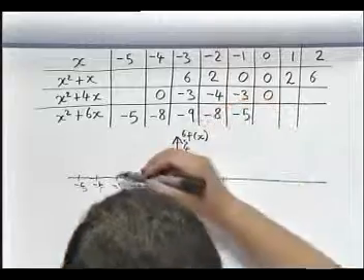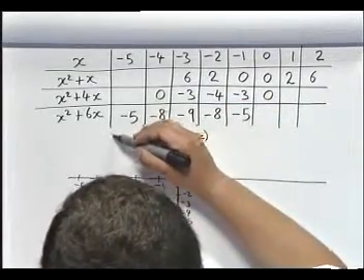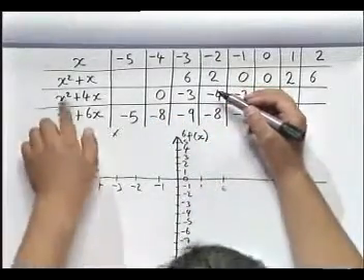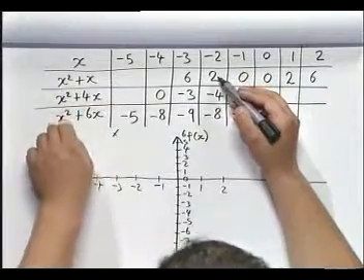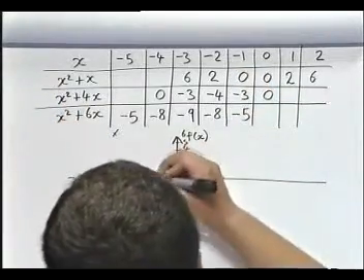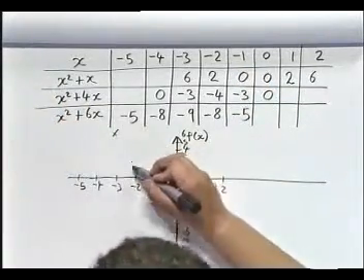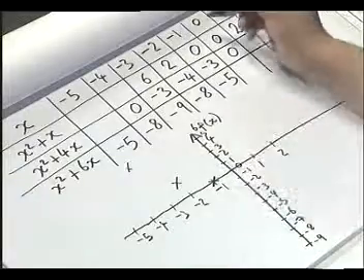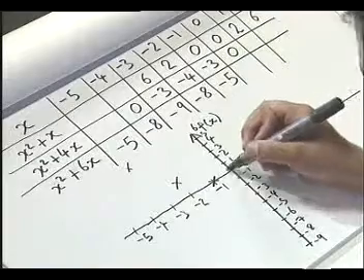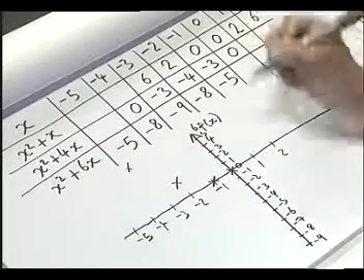So first of all, let's look at our function f of x equals x squared plus x. We've got minus 3 and 6, which is up here. We've got minus 2 and 2, which is here. Minus 1 and 0. We've got 0 and 0. 1 and 2.